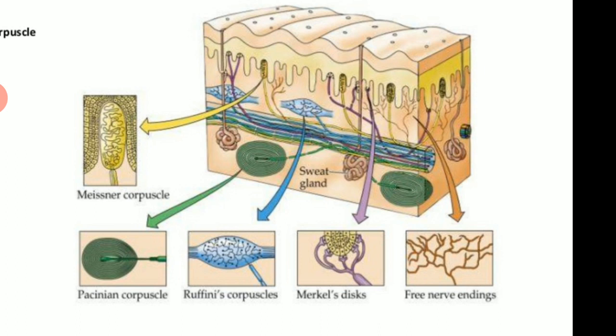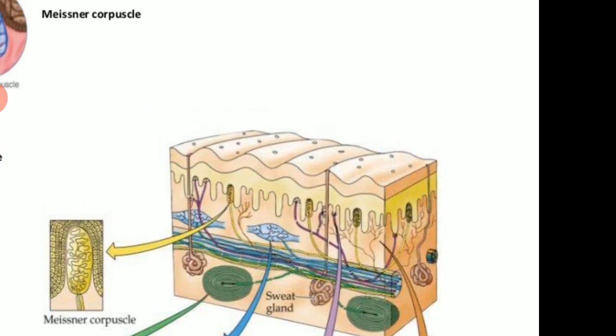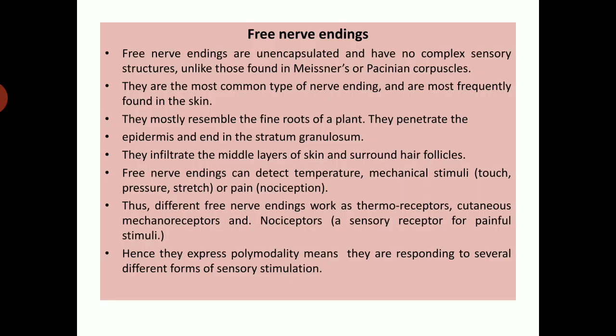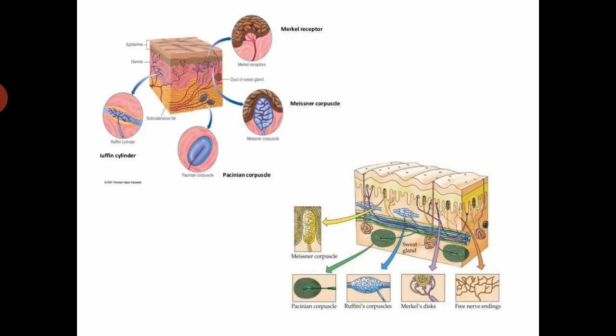Next are the Meissner corpuscles, or tactile corpuscles. Tactile means touch, and they are responsible for sensitivity to light touch.